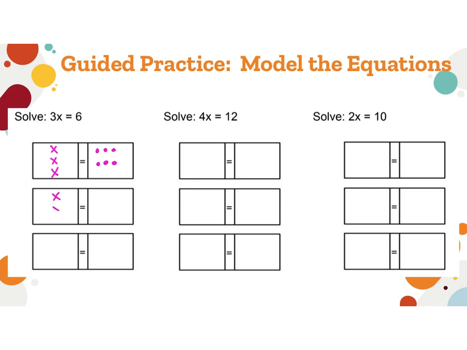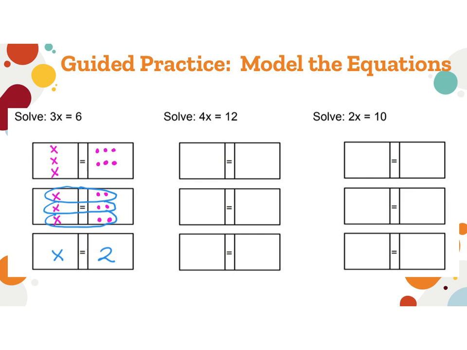So I'll put my 3 x's on the left, and if I want there to be equal groups, I will put 2 dots next to each x. Next, we can circle those groupings to see that there are 2 dots for each x, so x equals 2.